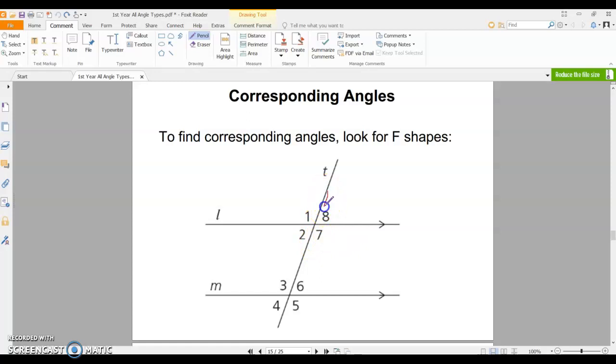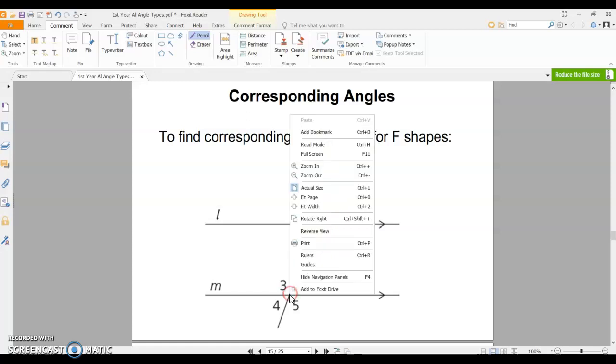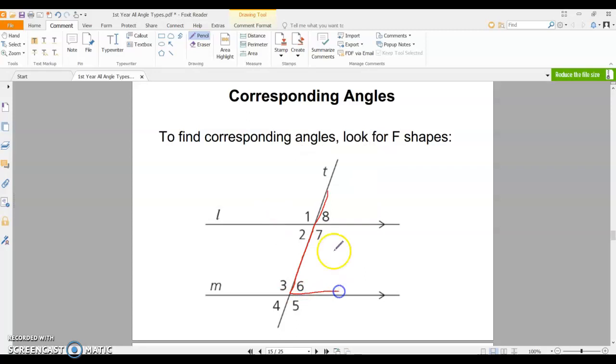So if I draw an F there, the angle 8 and the angle 6 are corresponding, so they are equal as well. That F then can be both upside down and facing the wrong way.